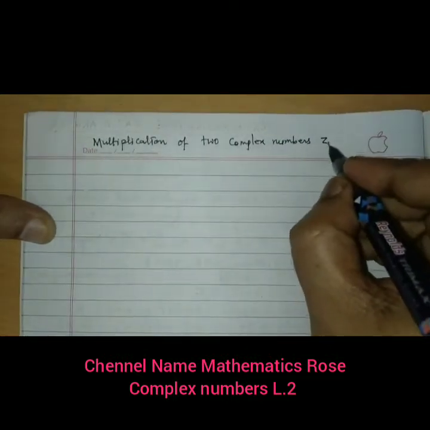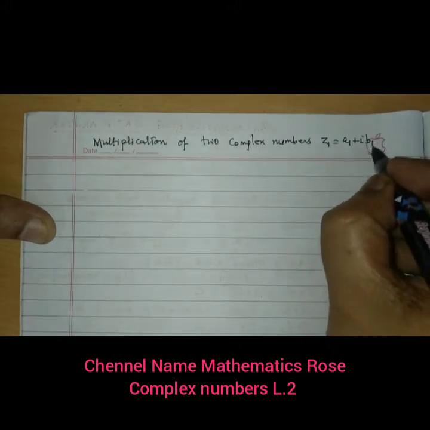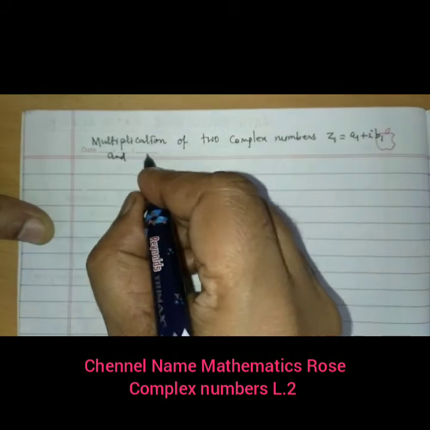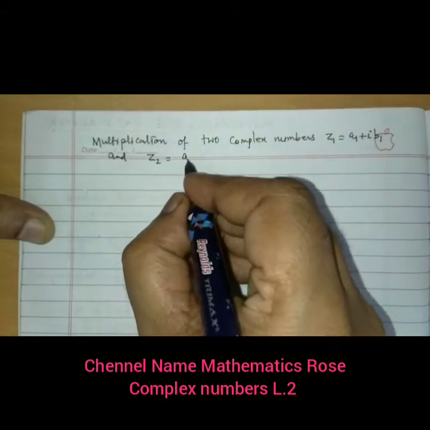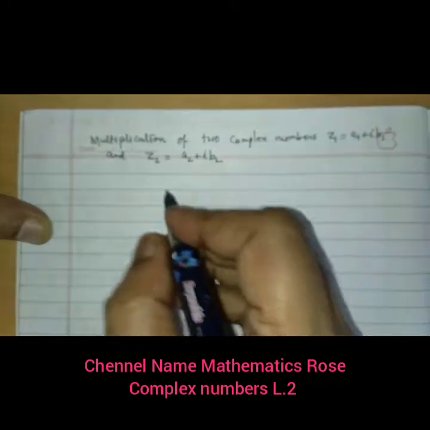Suppose z1 is equal to a1 plus i b1 and z2 is equal to a2 plus i b2. This is the theory.